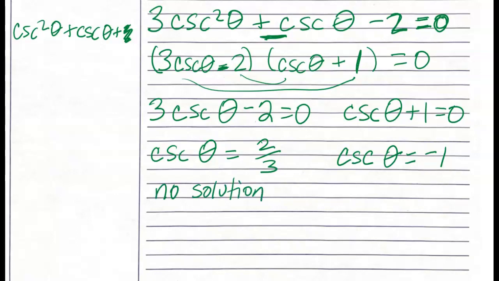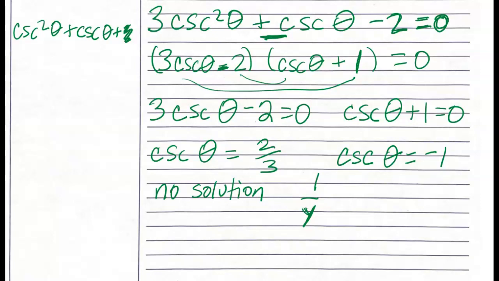Cosecant. So cosecant is like sine. So that means cosecant is 1 over y. So I'm looking for where the y value, what y value could I put in here to get negative 1? Well, it would have to be negative 1, right? It's the only way I could get to that. So I'm looking for where is my y value of negative 1.